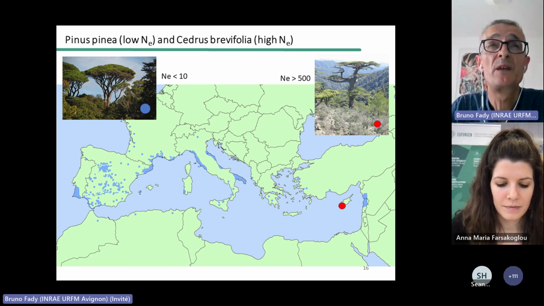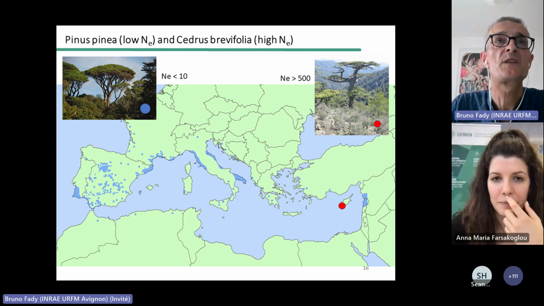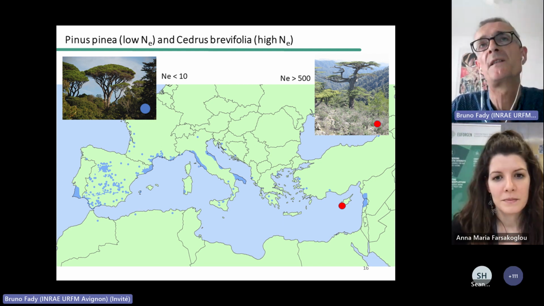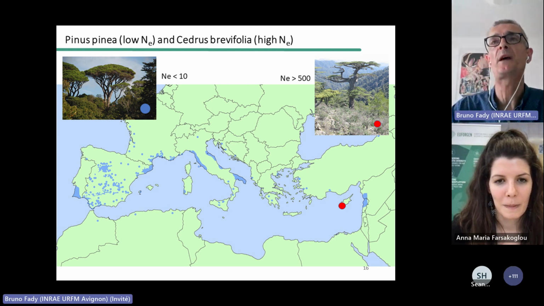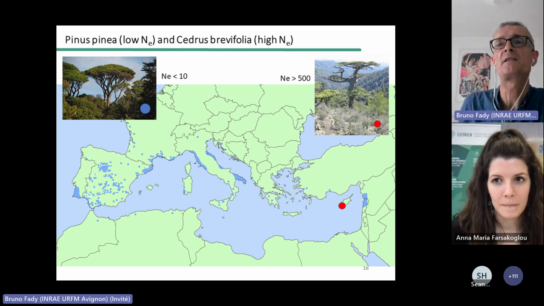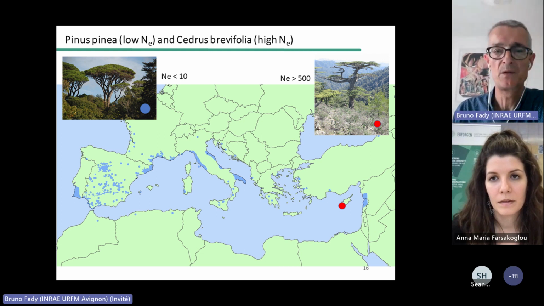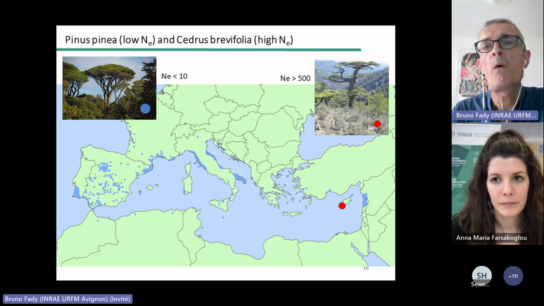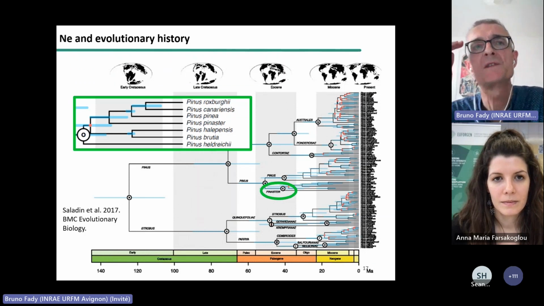And if you focused on NE, you would protect the umbrella pine and not the Cedrus brevifolia. Although if you think in terms of habitat and threats, obviously Cedrus brevifolia is a lot more at risk than Pinus pinea.